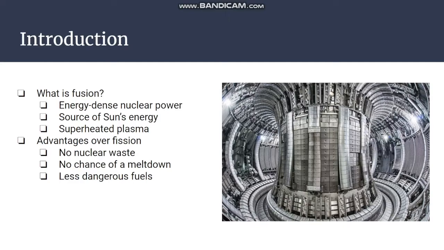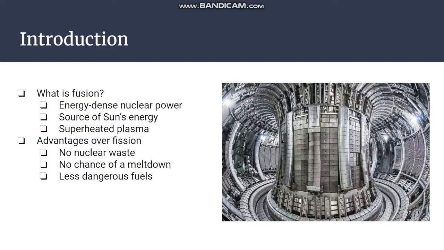In fusion, it's sort of the opposite, but sort of the same. And what I mean by that is that you take two smaller elements and fuse them into a larger element, and then there's also extra mass in that process coming from those two smaller elements. And that extra mass is converted into energy.